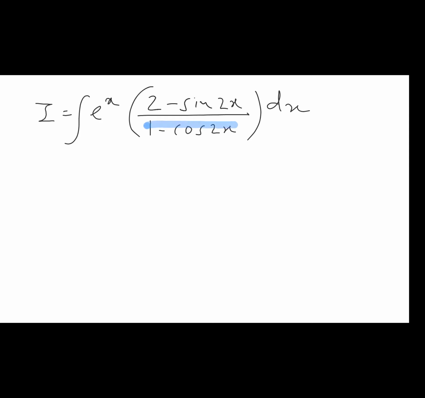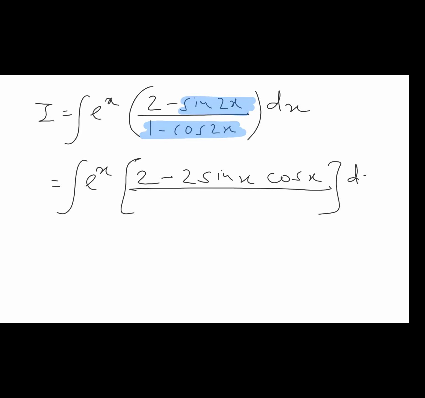We'll use the half angle formula for 1 minus cos 2x and sin 2x. The half angle formula for sin 2x is 2 sin x cos x.